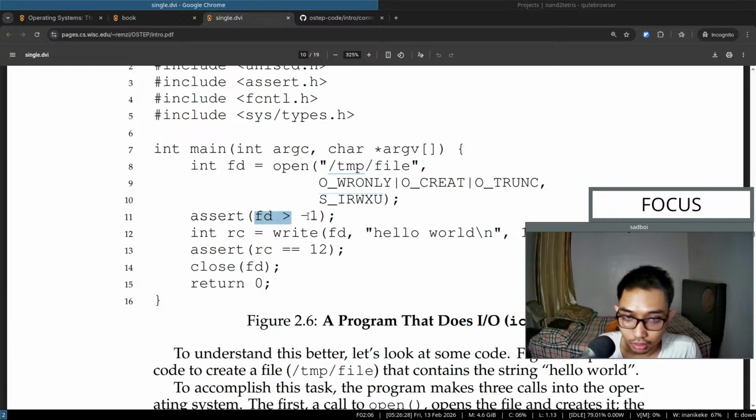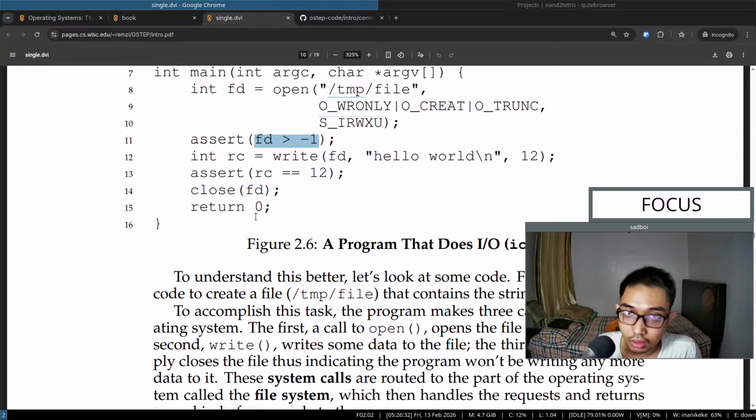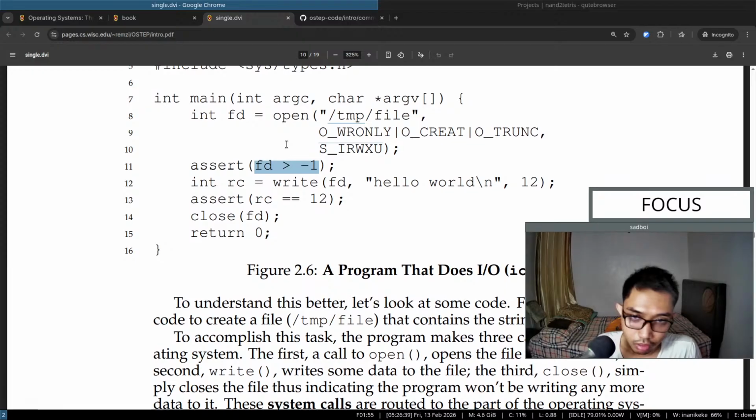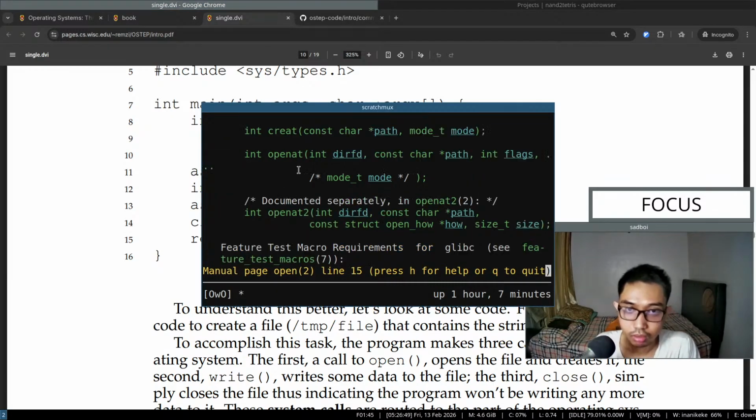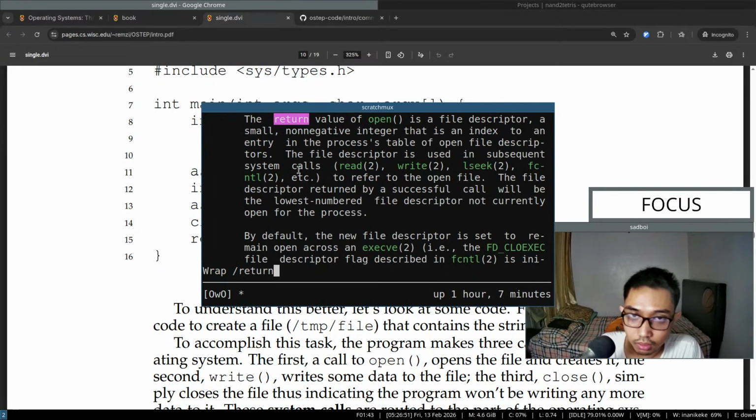But anyway, if the fd is more than -1. Oh, wait, what is the return value again?